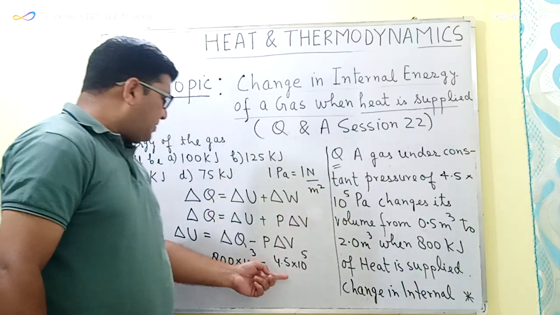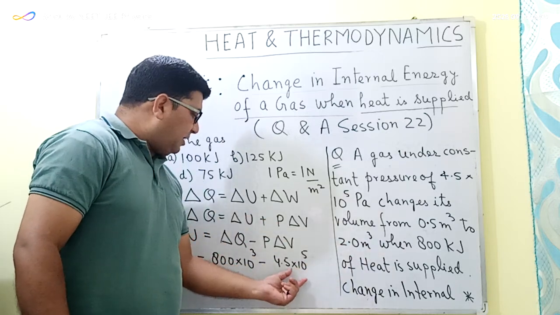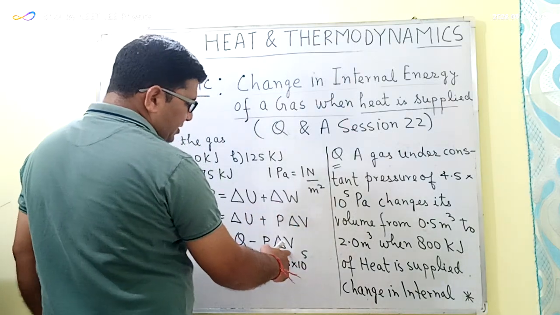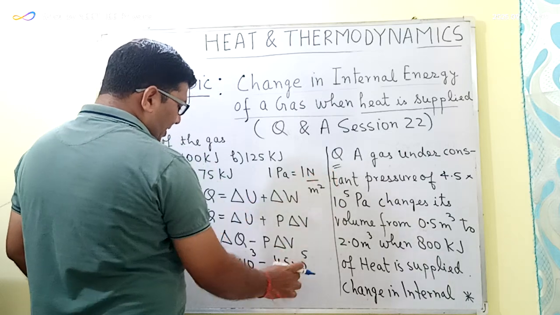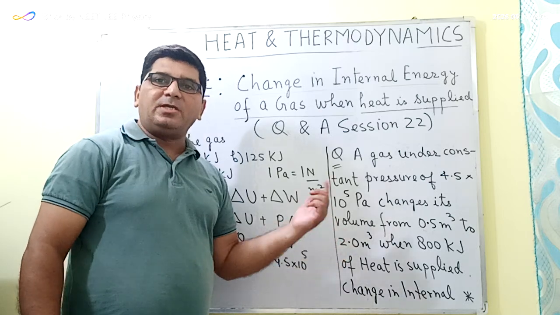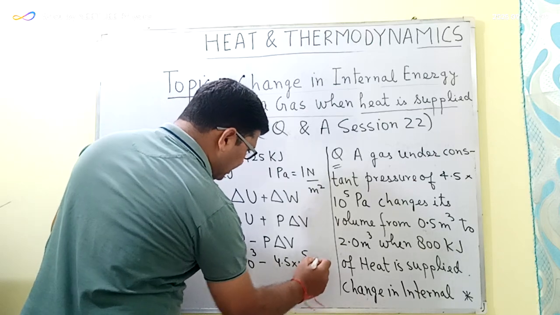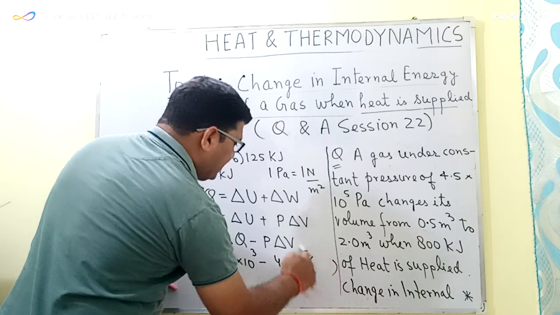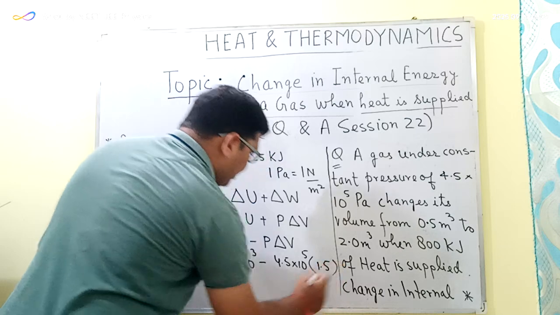So if I multiply this pressure with the change in the volume, I will get the amount of work done in joules, because 1 Newton per meter square multiplied by the unit of the change in the volume, which is meter cube, gives finally the unit of P delta V as Newton meter, and 1 Newton meter is equal to 1 joule. So the unit of this work done will be in joules. Here the change in the volume will be equal to 2.0 minus 0.5, which is equal to 1.5.